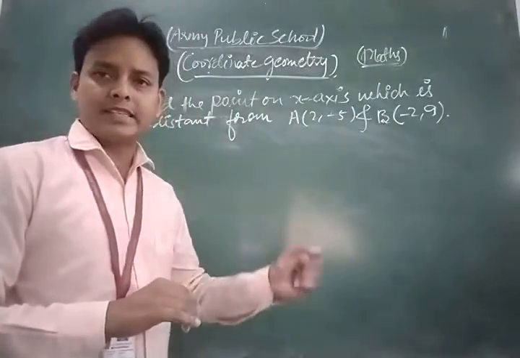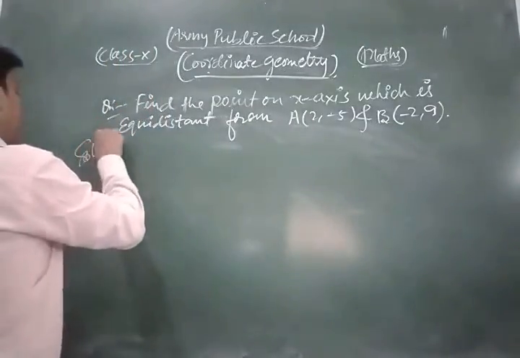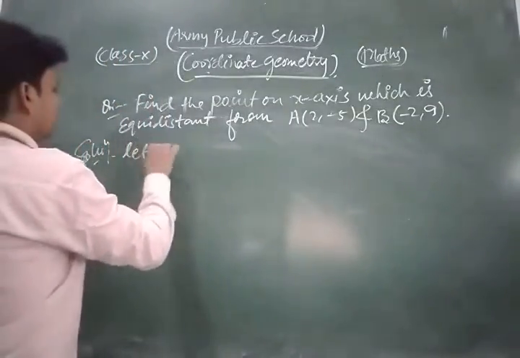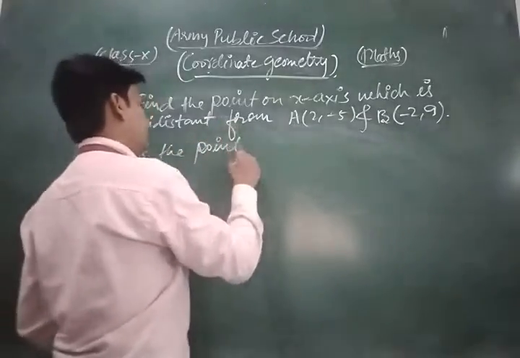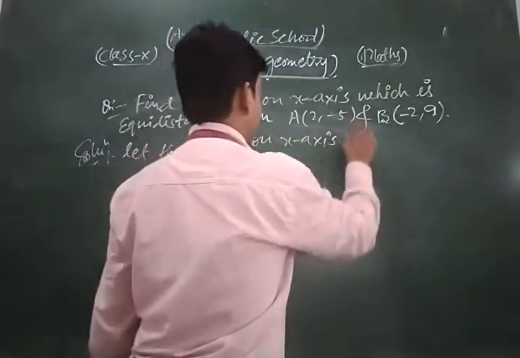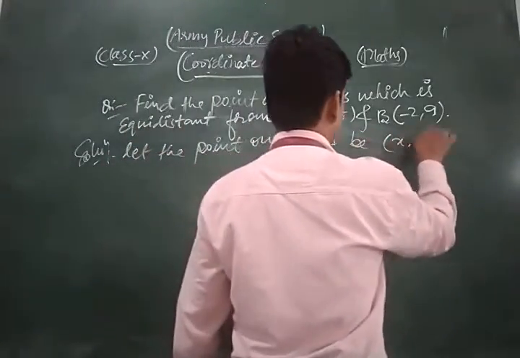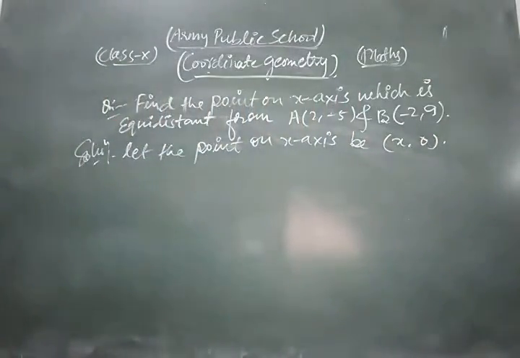A point on the x-axis has ordinate 0. So let the point on the x-axis be (x, 0).